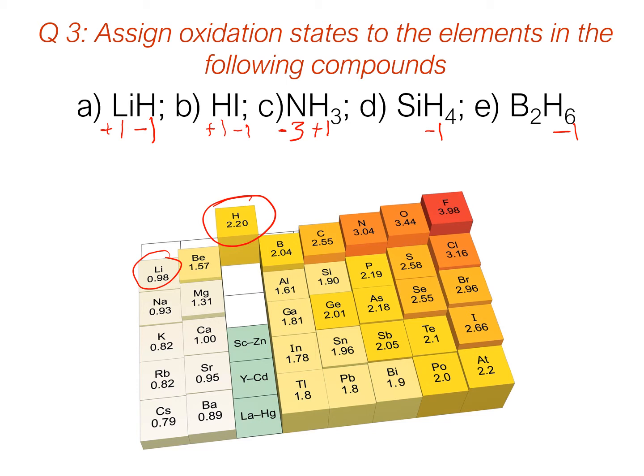In the case of the silicon hydride, because there are 4 -1 hydrogens, silicon needs to be +4. And in this last case, which I guess is the trickiest question, that's why it's last, there are 6 hydrogens in the -1 oxidation state, so it's at -6, but because there are 2 borons, each of these just needs to be +3.